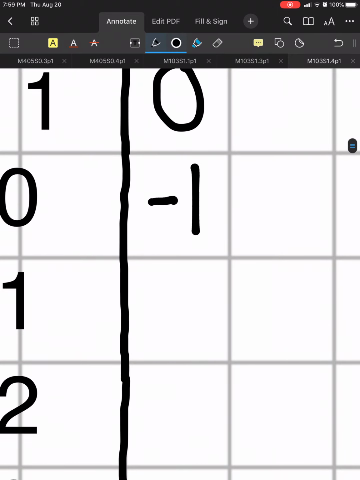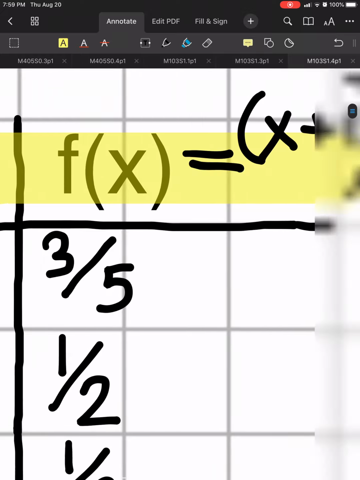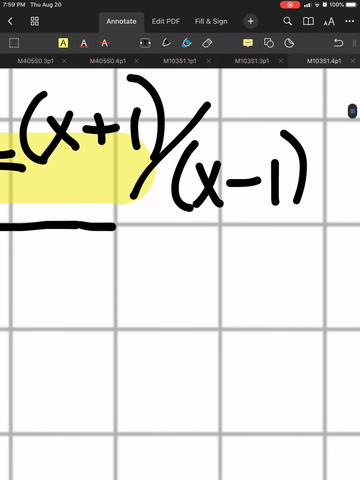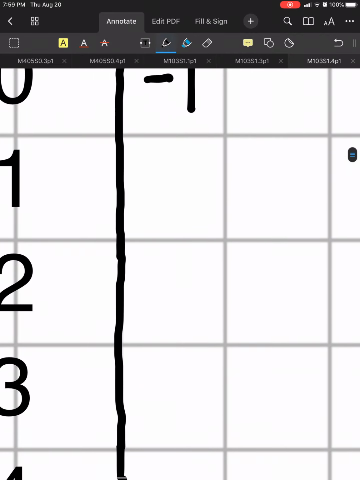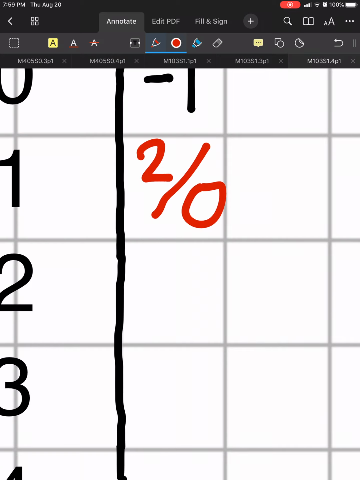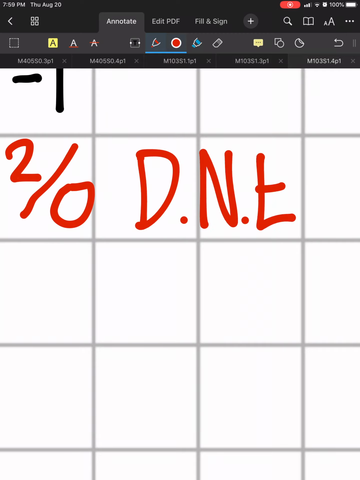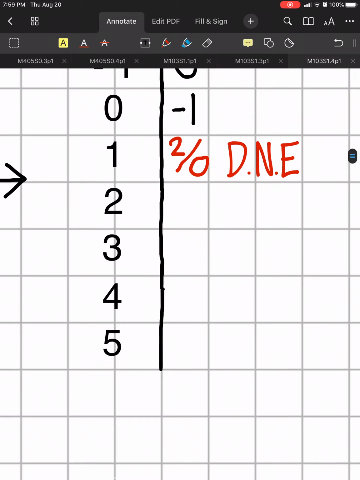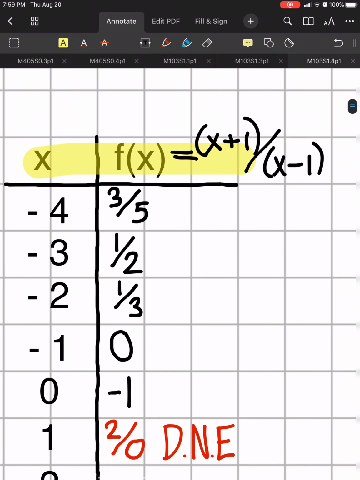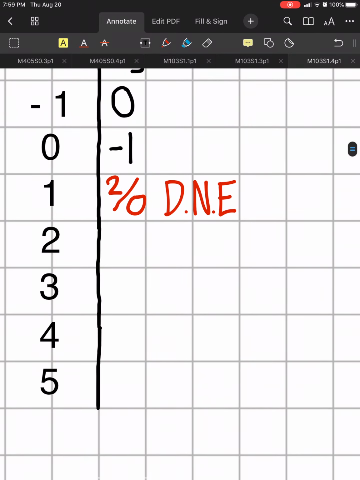1 is the one I already mentioned where it doesn't exist, right? So we get 2 over 0, so that doesn't exist. Let's put that in red. And here, does not exist. For 2, we get 3 over 1, or just 3.